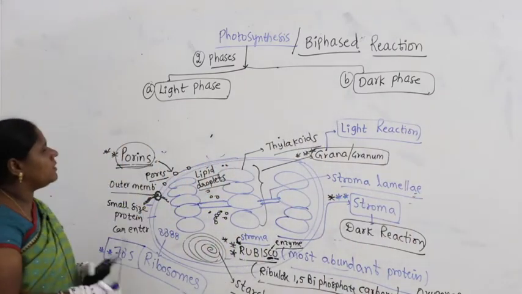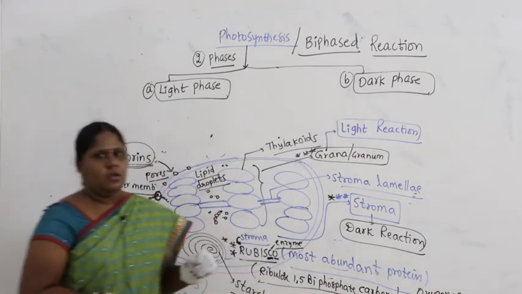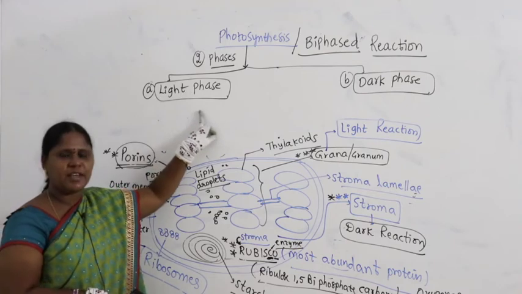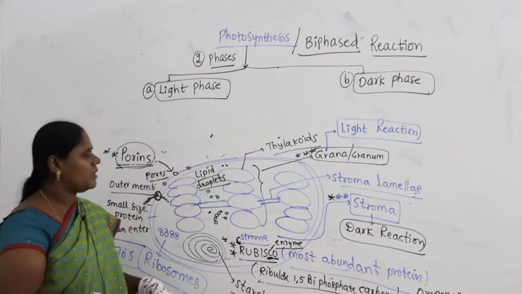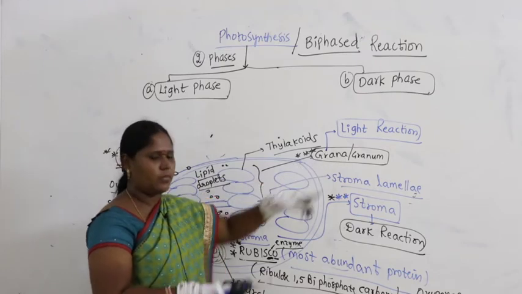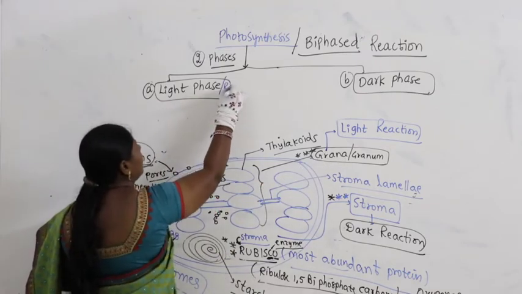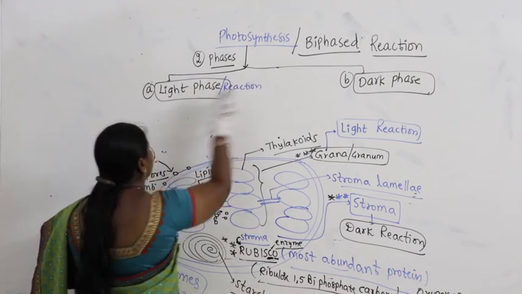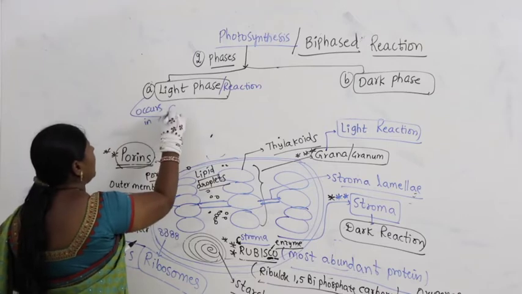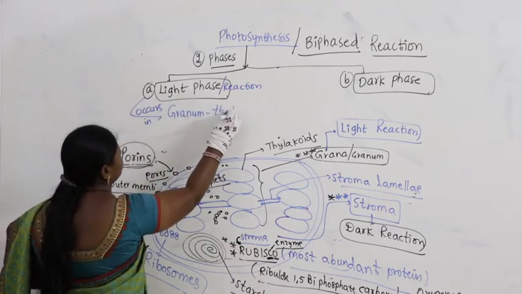Now, if you look at the light phase and the dark phase, light phase is also called light reaction. Where does the light reaction happen? The light reaction occurs in the granum thylakoids.